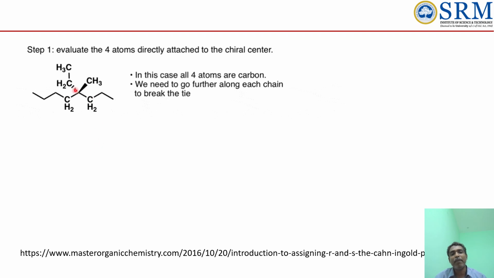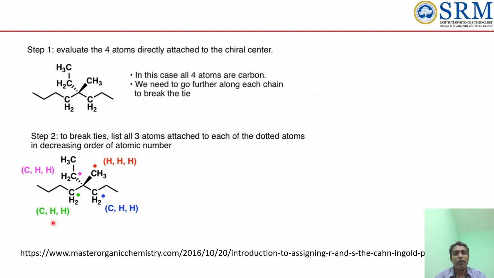For example, in this case, I have methyl, ethyl, propyl, and isopropyl, right? Just by looking at it, I can tell you the isopropyl takes the priority 1, 2, 3, 4. But if you really want to go stepwise, every single carbon you need to see. This is the smallest one, so this will take the lowest priority of 4.